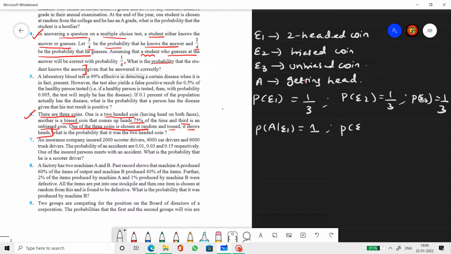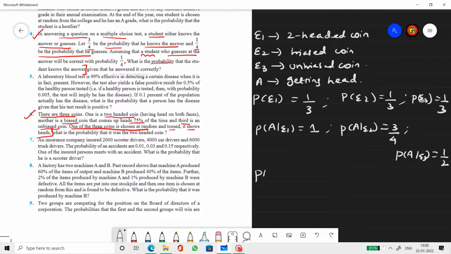Probability of A given E2 is getting head in a biased coin, which as per the question is 75%, which is 3 by 4. And P of E3 is an unbiased coin, P of A given E3 is getting head from an unbiased coin, which is 1 by 2.